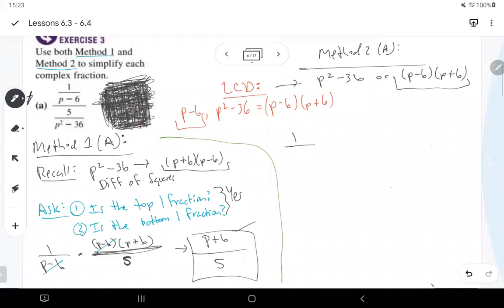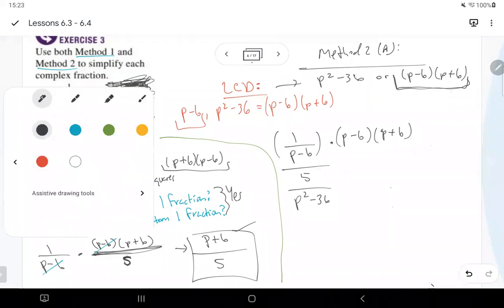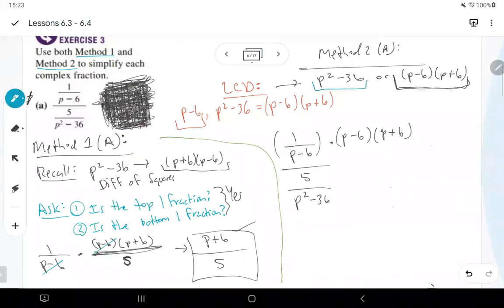So I'm going to have p minus 6 over 5p squared minus 36. Now, on the top, I'll represent it like this. On the bottom, I can represent it like this.